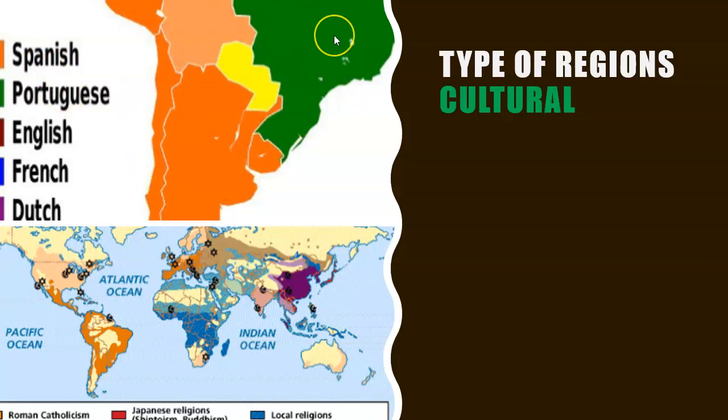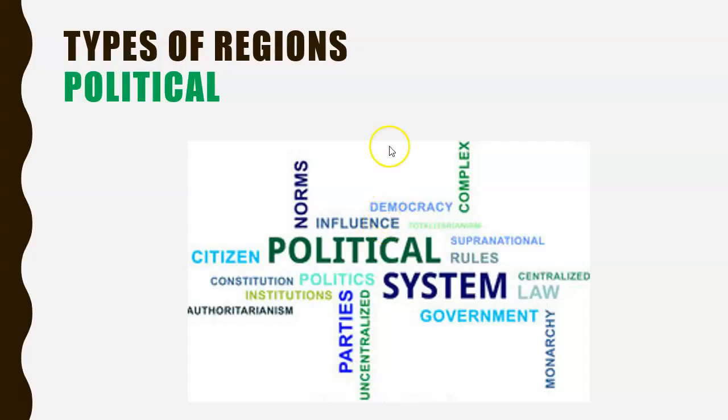You've got this one here that speaks Portuguese. You might look at religion. This is showing you all of the Roman Catholic population. You've got local religions down here. So, you can pick one aspect of culture and have that be your region, those things that group people together.